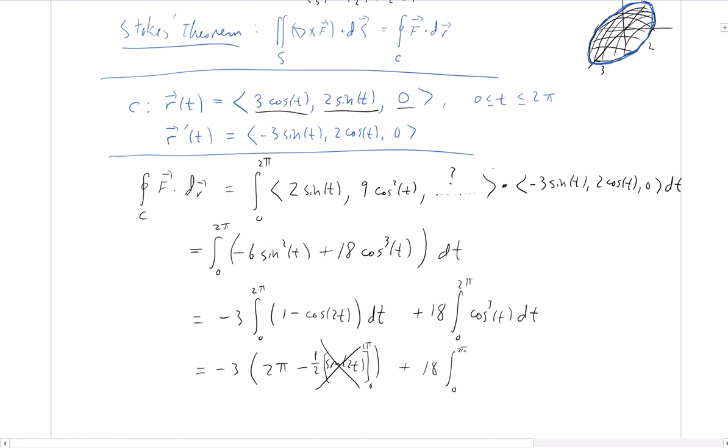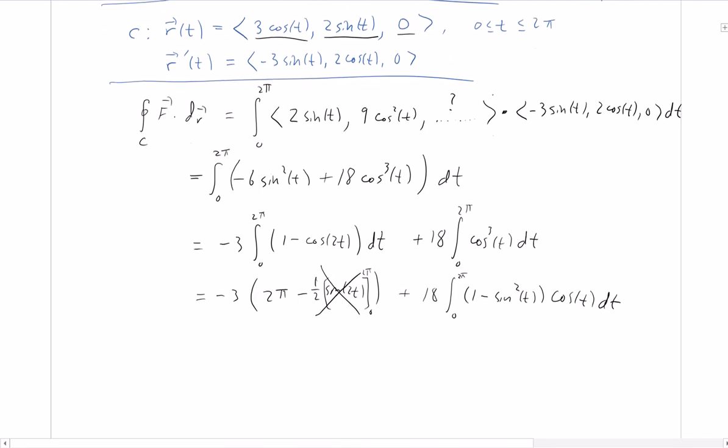And the trick for integrating cosine cubed is we split it up into cosine squared times cosine. And cosine squared is 1 minus sine squared. So here this first one is just minus 6 pi.